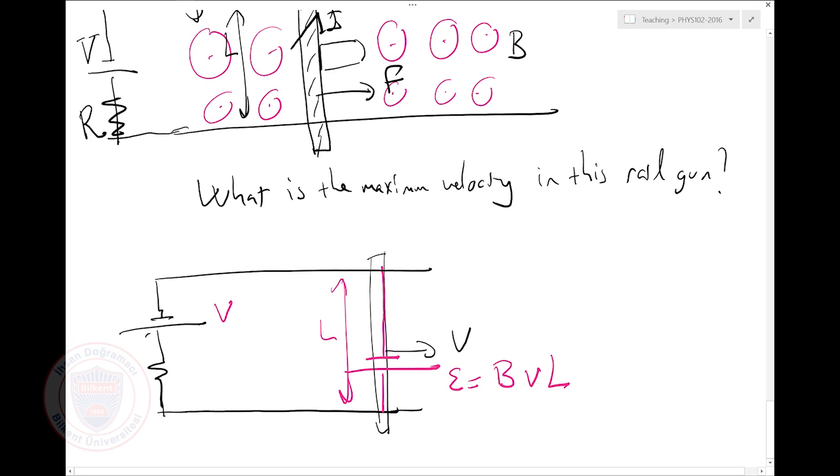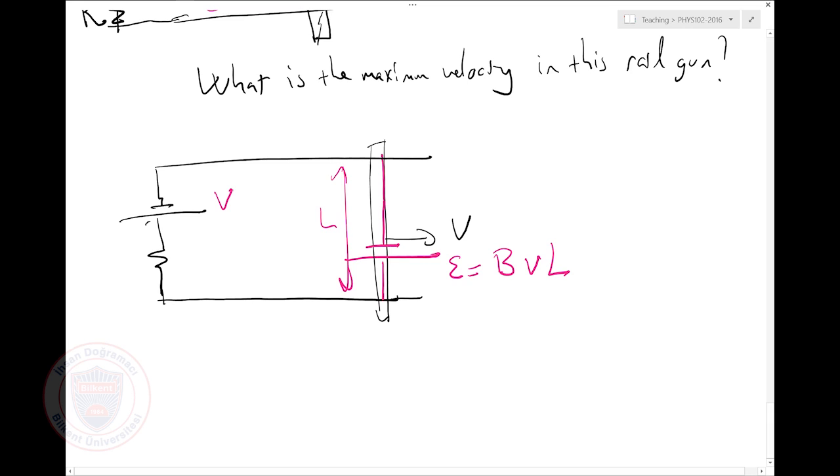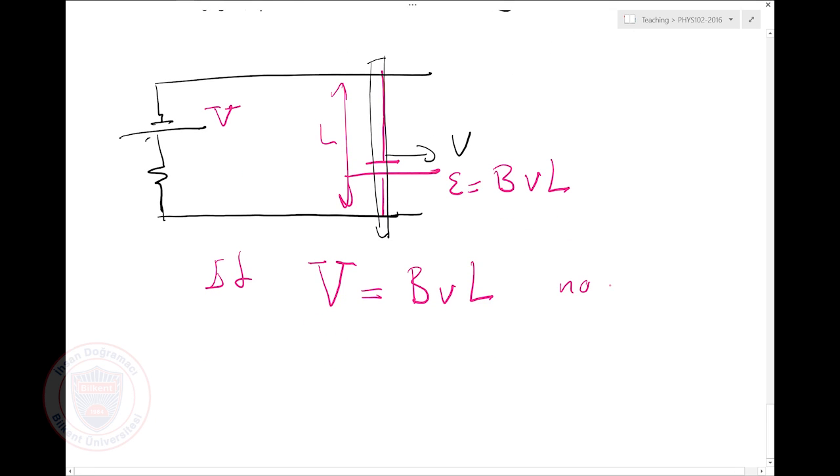And here I have voltage source V. Maybe I'll try to capitalize it. If V is equal to B times v times L, no current flows in the circuit.